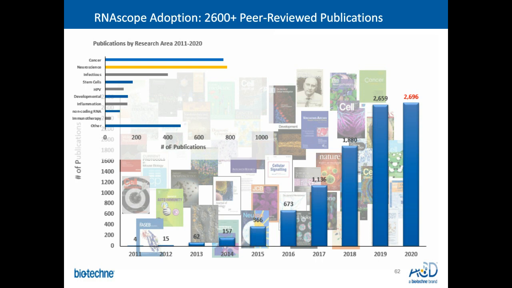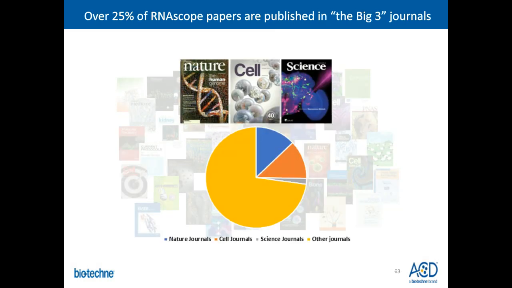Important fact, over 25% of our papers are published in 3 big journal publishing houses of Nature, Cell, and Science. Again, it shows you the quality of our publications and how this technology might help advance your research, especially in cancer and neuroscience.